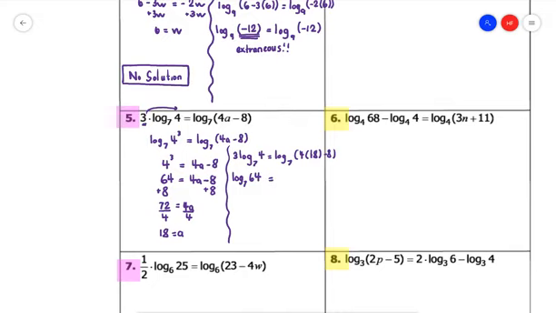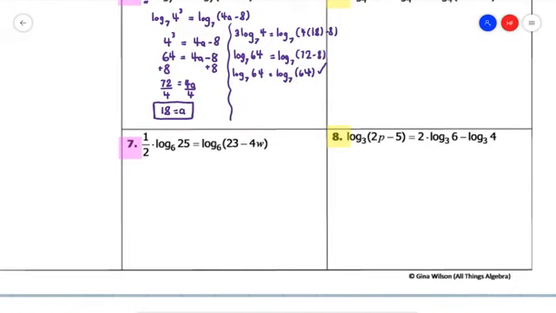And 4 times 18 is 72. So we've got log base 7 of 72 minus 8. And 72 minus 8 is 64. They match, they're non-negative. So a equals 18.